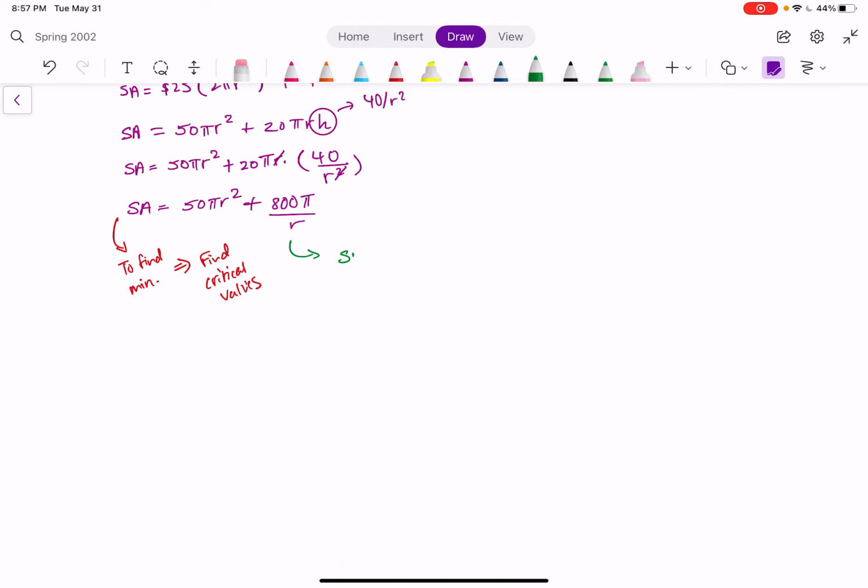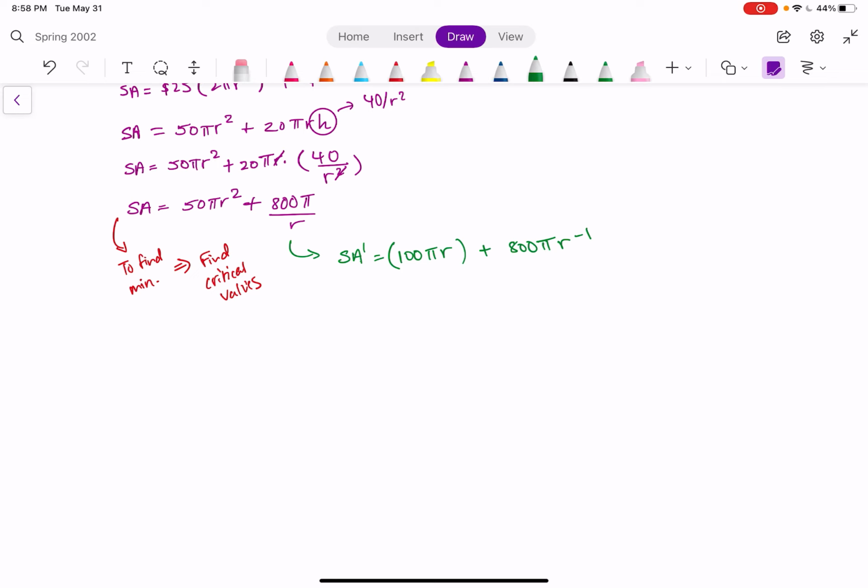We're going to take the derivative of the surface area, which equals, in this case, we're going to bring the 2 to the front, so it's going to be 2 times 50 pi, so it's going to be 100 pi times r, right? And then we have plus, we can rewrite this as 800 pi times r to the power of -1 because the r is in the denominator.